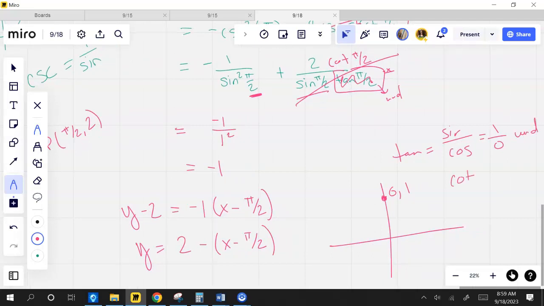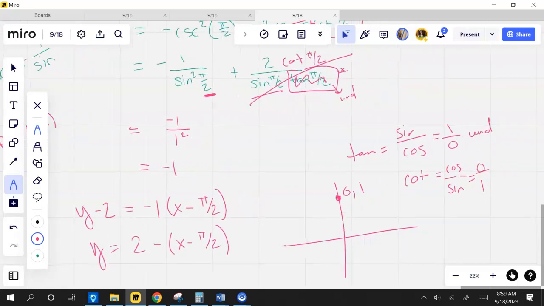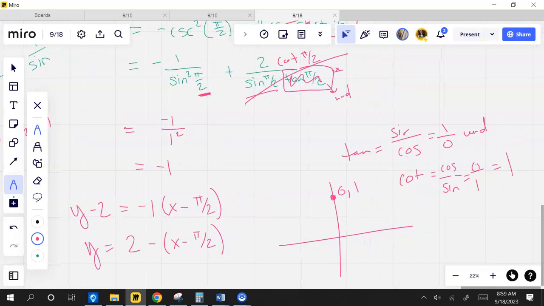But if I do cotangent there, cotangent is cosine over sine, which is 0 over 1, which is 0. What are you typing in the calculator? Are you in radians or degrees? Hit mode. Be in radians. Pi over 2 is a radian measure.